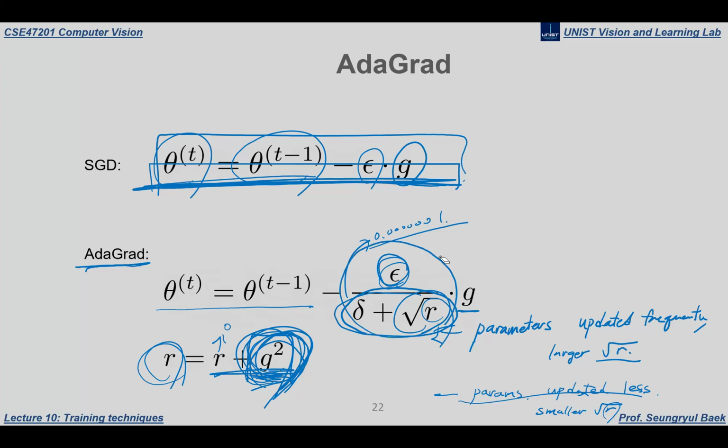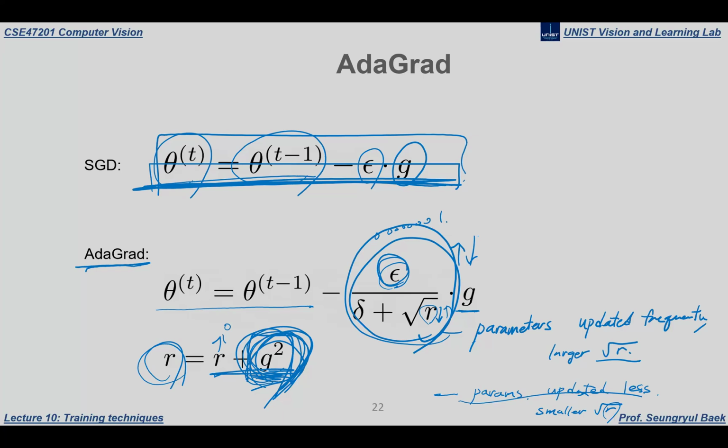Then the learning rate becomes larger, because they have small R, their learning rate will become higher than others. Are you guys understanding this? But if R is becoming larger, then their learning rate as a result becomes less compared to others.